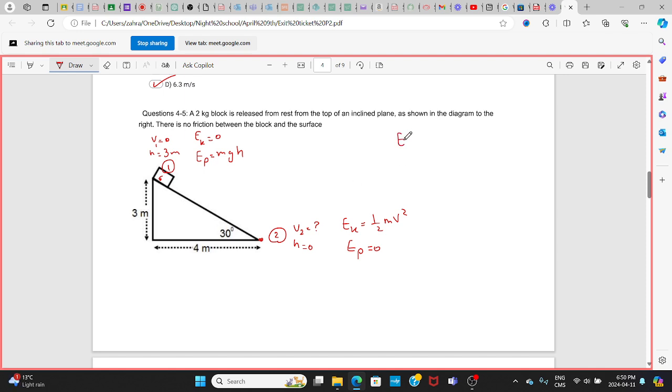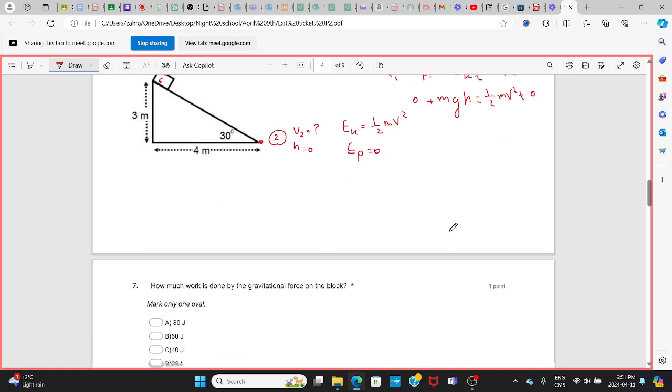Now, the total mechanical energy at point 1 is equal to the total at point 2: EK plus EP at point 1 is the same as EK plus EP at point 2. So EK at point 1 is 0, EP is mgh, and EK at point 2 is half mv2, and EP is 0 here.